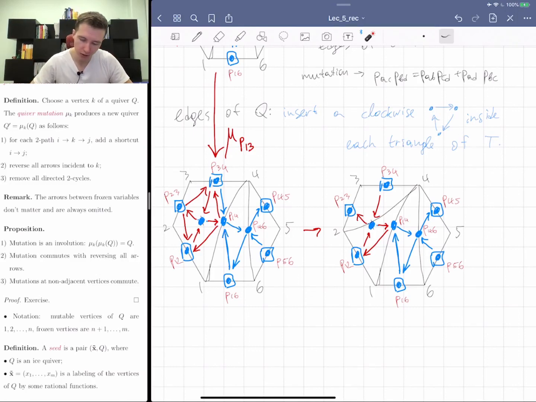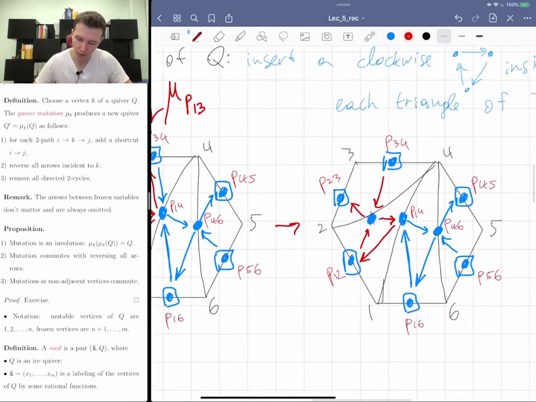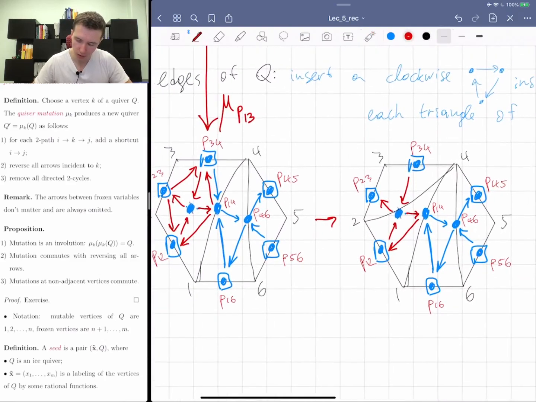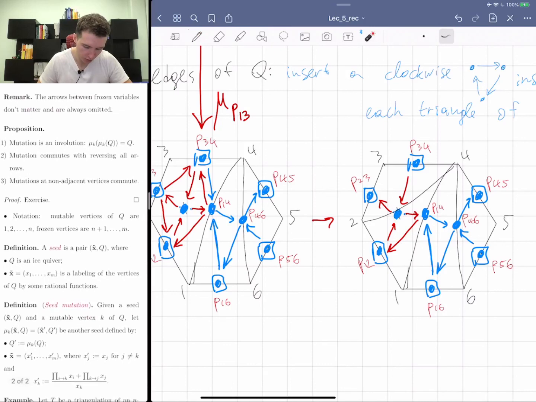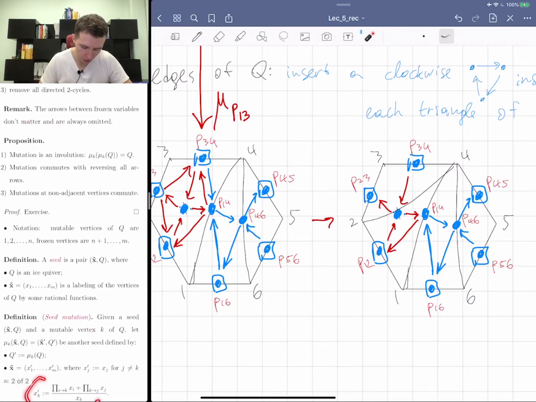And finally, if I want to compute it, there is going to be a new variable, x prime, that's assigned to the seed according to the mutation procedure. Let me label that variable p24. And so p24 is obtained as a fraction.